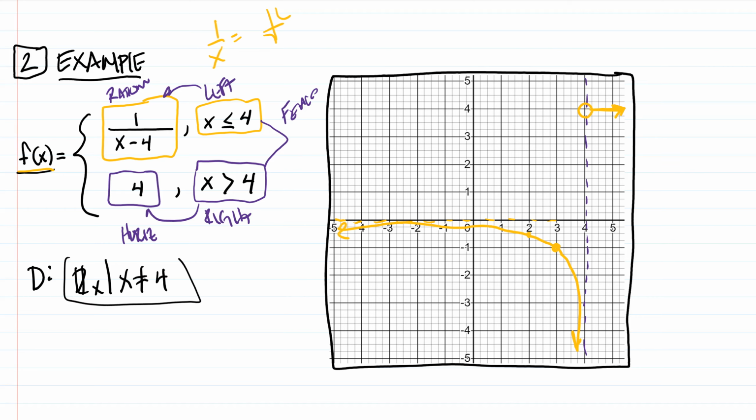So my domain for the whole thing is that, and my range for the whole thing is going to be, let's see here, I can see that this function maps back to the y-axis all the way down, and then the point 4. So it's kind of a funky range. It would be, if I wrote it in interval notation, parentheses, negative infinity all the way up to 0, and then a union with 4. And that's kind of an interesting range, but that's what it would be. Okay, that's box number 2.